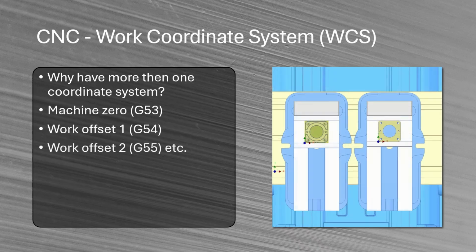And then the next one, for example, would be G55, so that's work offset 2. The reason for that again is, let's say you have two pieces like this, then you don't need to offset for the one you already have. You can have two. If this one is perfect, but after you mill this one you see it's a little offset, you can adjust just this one. You don't need to adjust both, of course.